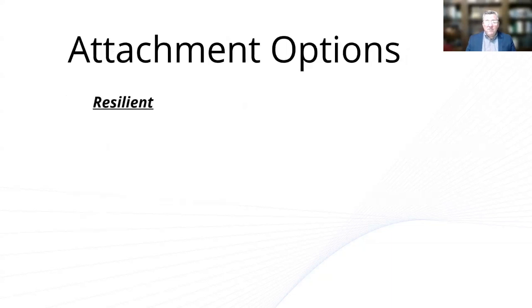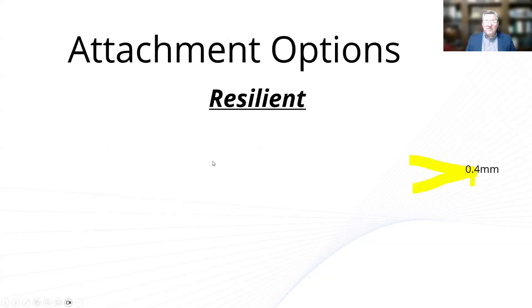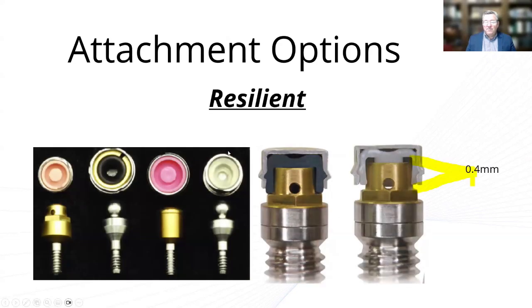We have resilient attachments and we have non-resilient attachments. So we have things called resilient attachments like the ERA, for example. This is a Sterngold product. This was the first resilient overdenture attachment, which recreated the natural amount of resiliency in the human mucosa.